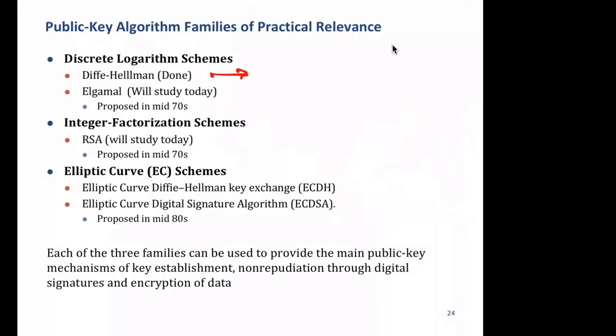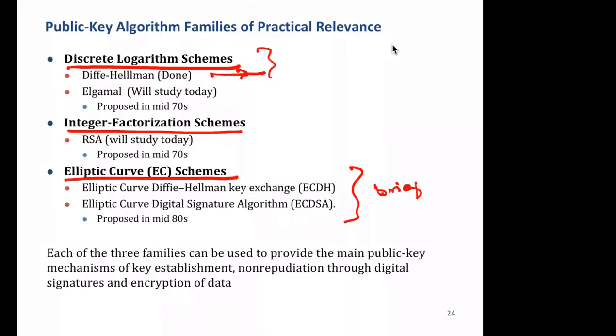Basically, asymmetric key encryption is based on three methods: discrete logarithmic schemes, integer factorization schemes, and elliptic curve schemes. This we have seen in brief. Diffie-Hellman, a logarithmic scheme, we have also seen in brief, which is largely for key exchange.